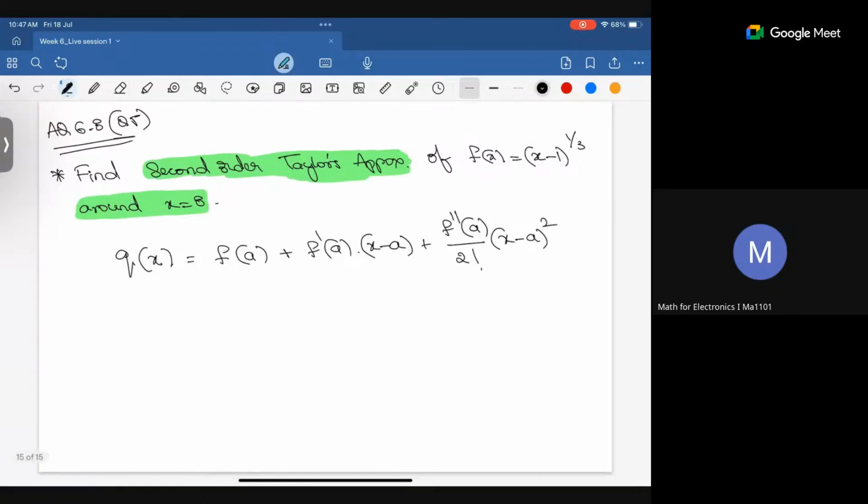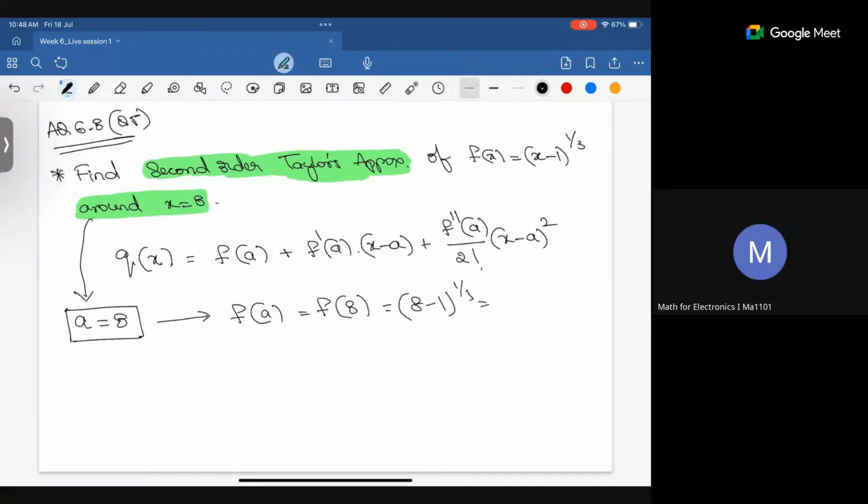Okay, so here from this we can see that a is 8. Right, so once a is 8, we know f of a, which is f of 8, which is 8 minus 1 whole power 1 by 3, which is 7 power 1 by 3. Right, so f of a is easy.